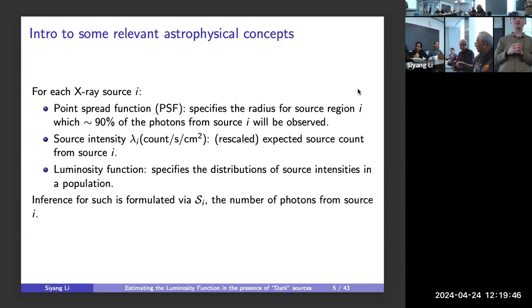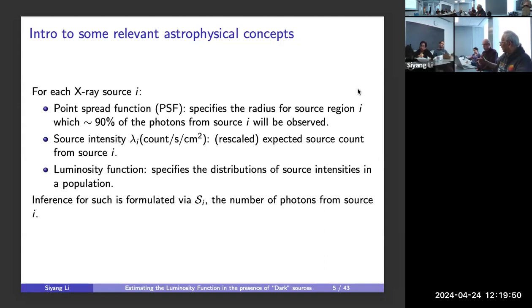But usually this area changes according to the wavelength of the photon, because the mirrors have different sensitivities, and when you include that sensitivity, the geometric area reduces. It's always smaller than the total geometric area of the telescope, and it's called the effective area. That's the EA.